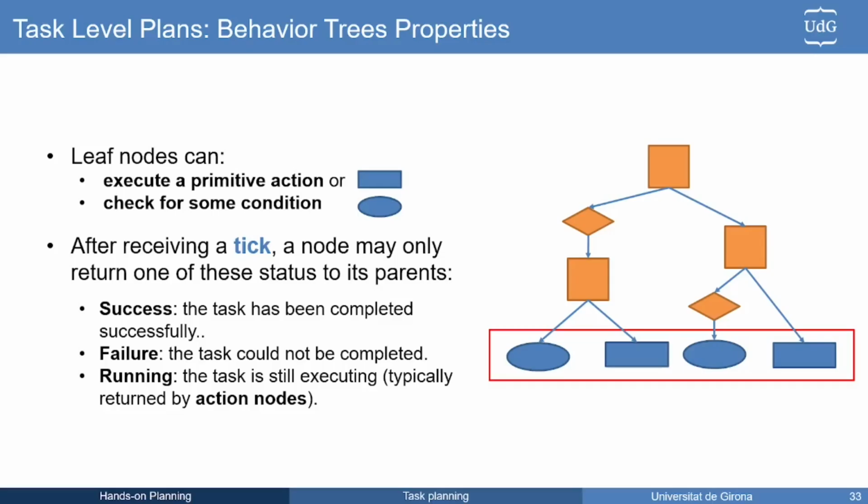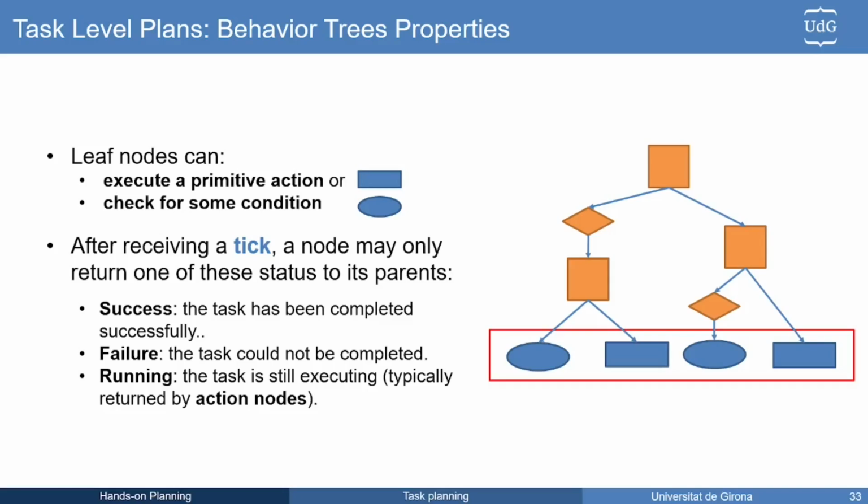The difference between a primitive action and a check condition is that a primitive action is something that requires time. For instance, moving from A to B requires time. It's something that I will not accomplish in 1 second. However, checking a condition, like is your battery over 50%, is immediate. This is why we differentiate between these more elliptical shapes and these square shapes.